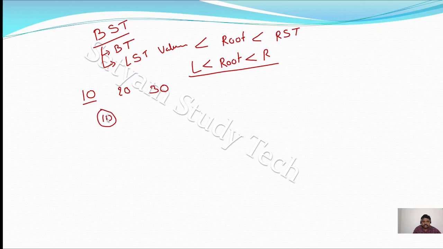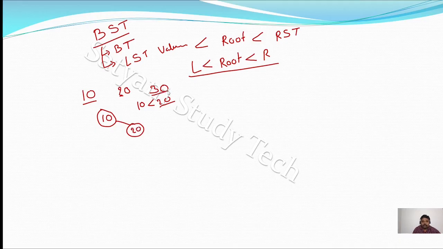Where do we add 20? All left side values are less than the root, and the values in the right subtree are greater than the root node. Since 10 is less than 20, 20 will be placed on the right side.